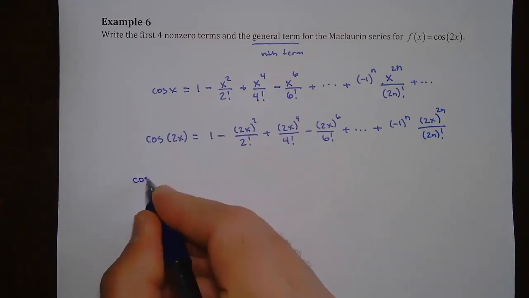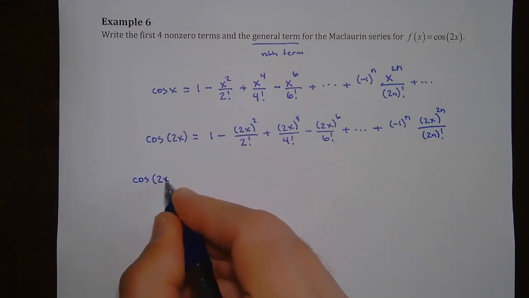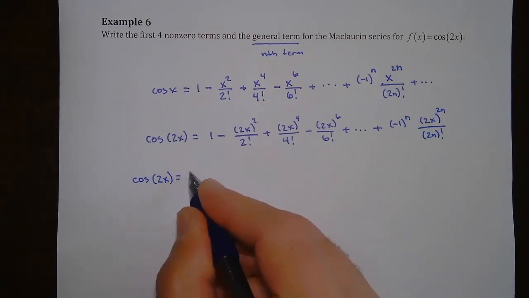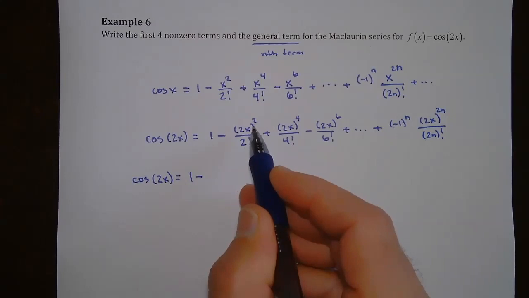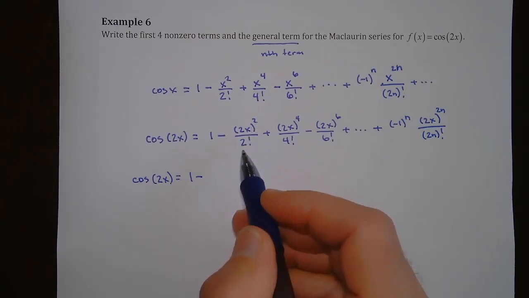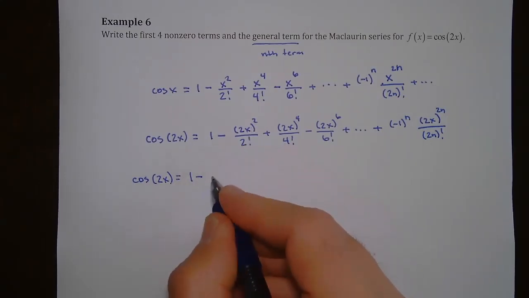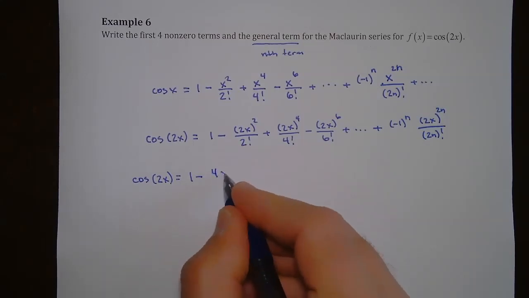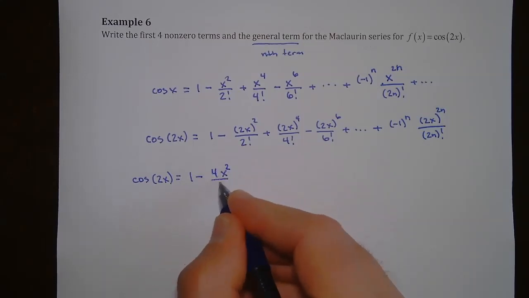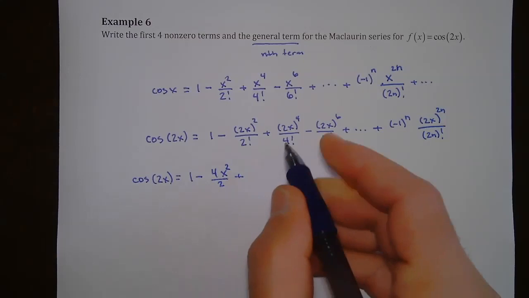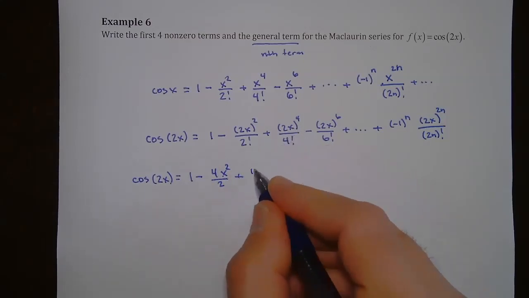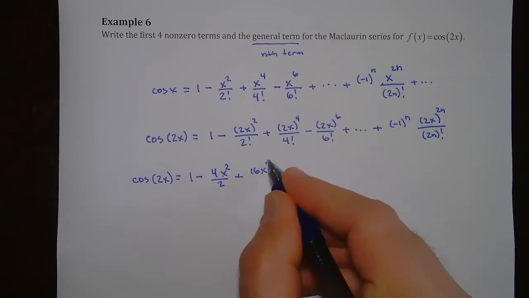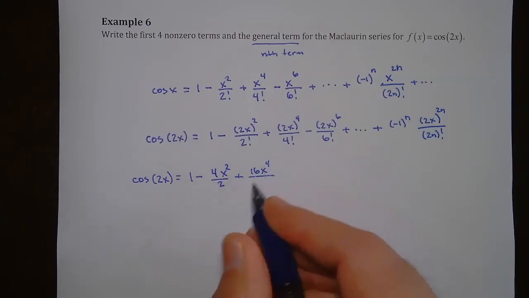Okay, so cosine of 2x would be 1 minus, and this is going to be 2 squared, which would be 4, over 2 factorial, which is 2. So this is minus 4x squared over 2, and then plus 2 to the 4th. Well, 2 to the 4th is 16. So this is 16x to the 4th over 4 factorial, which is 24.